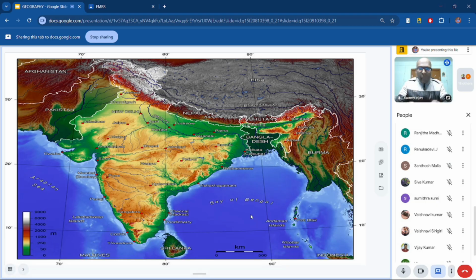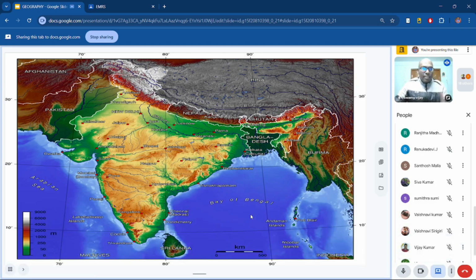Tell me, with how many countries does India have an international border? 7 countries, others say 8.